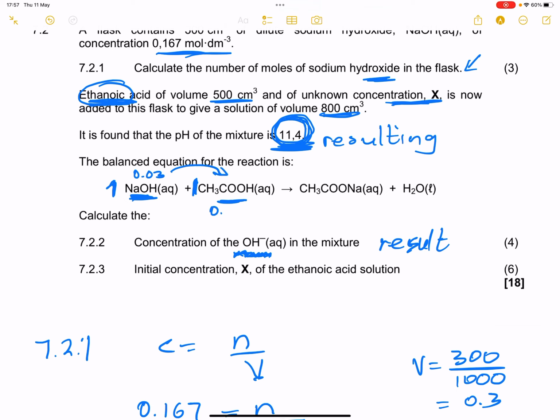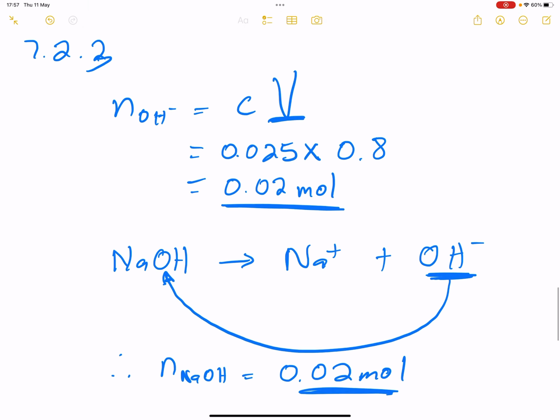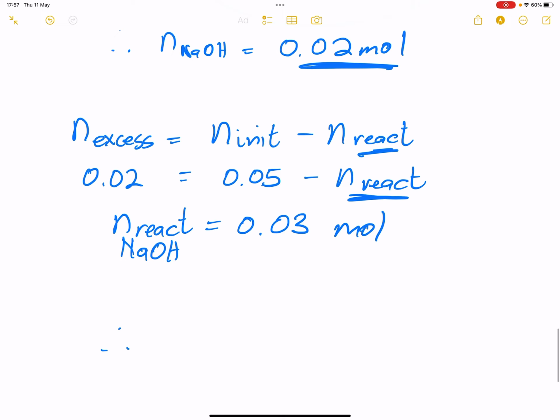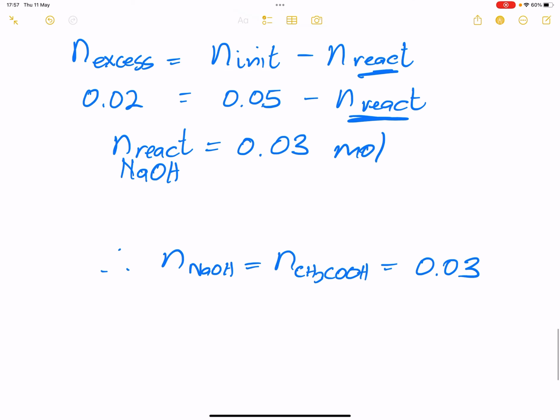It will also be 0.03. So the number of moles of sodium hydroxide that reacted will be equal to the number of moles of ethanoic acid that reacted, and that is 0.03. Why? Because it's a 1-to-1 ratio.